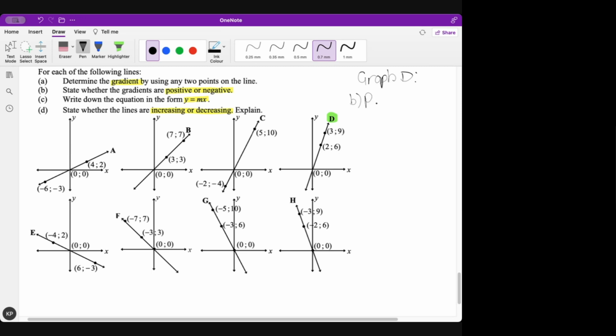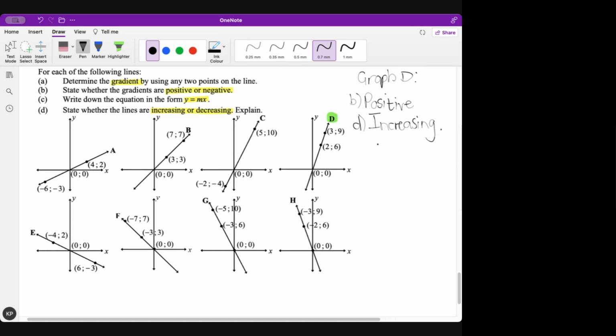So Marlene says this is a positive gradient. How do we know that? You're correct, but we need to know how we identify that. It's an increasing graph. So you've answered B and D already. It's an increasing graph. Great.